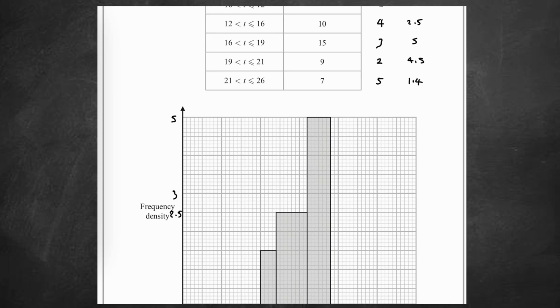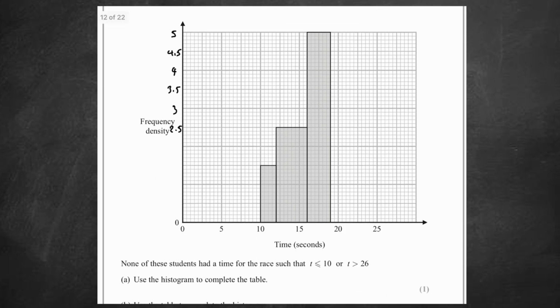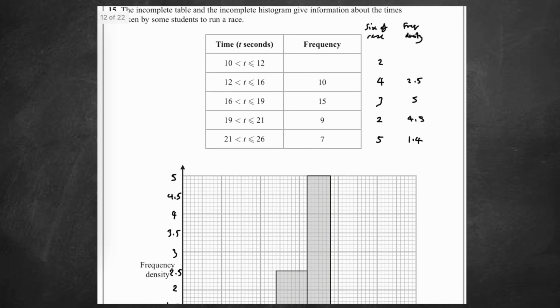So 3, 3.5, 4, 4.5, just scroll down a little, 2, 1.5, 1, and 0.5, which means for this one here, that runs to 1.5, so I'll go and populate my table, 1.5, which means the frequency up here is just going to be the size of the range multiplied by the frequency density, which is just 3.